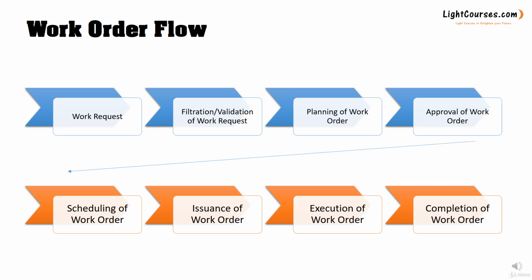If there were any milestones, challenges, or delays, they have to give feedback on this. So the maintenance planner should modify the job plan again in order to come very close to reality. And after the feedback is given, they are supposed to complete the work order on the system.